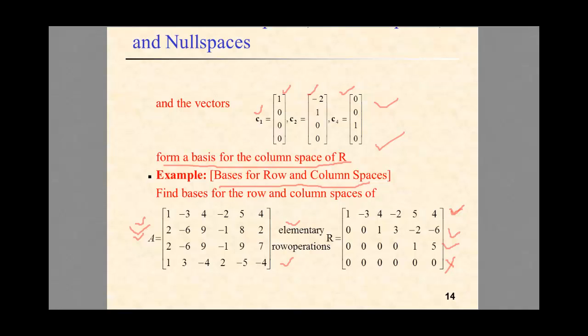The leading element in row 1 is at column 1, the leading element in row 2 is at column 3, and the leading element in row 3 is at column 5. So only column 1, column 3, and column 5 have the leading 1 elements present.